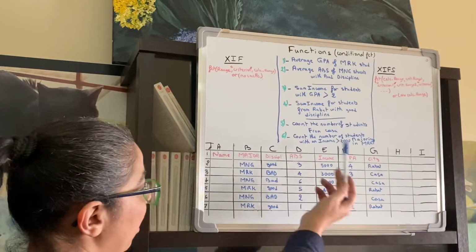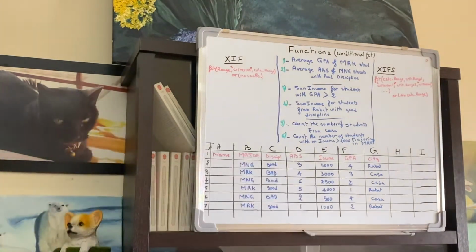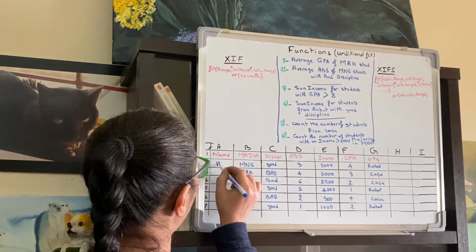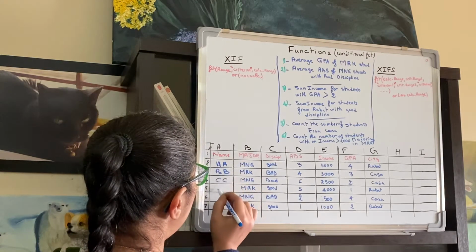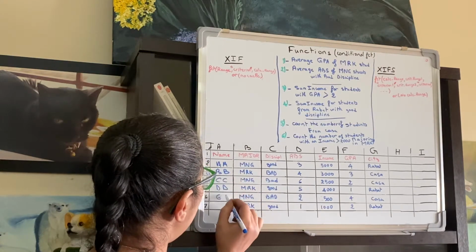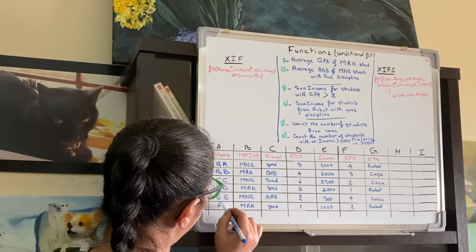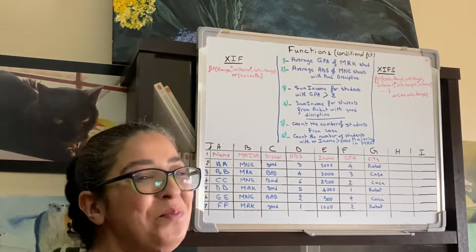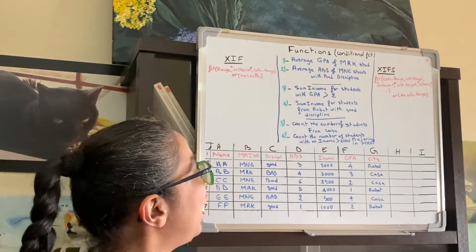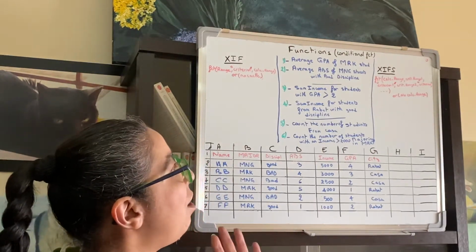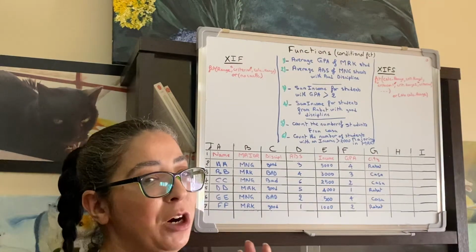Okay? I created a table with students. I forgot to put the names: AA, BB, CC, DD, EE, and FF. Okay? So, what am I going to do logically if I want to calculate the average GPA of marketing students?